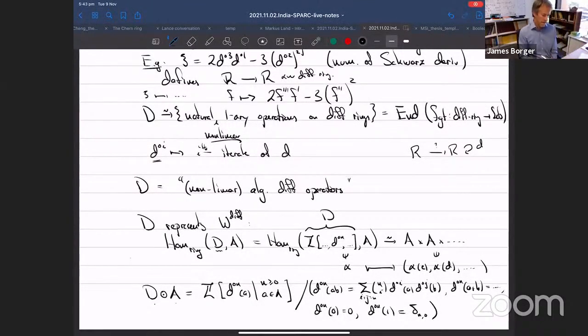So it's some ring with a huge presentation like this. In fact, it's enough to just restrict to generators of A, but maybe as an abstract definition, it's cleaner to take this.